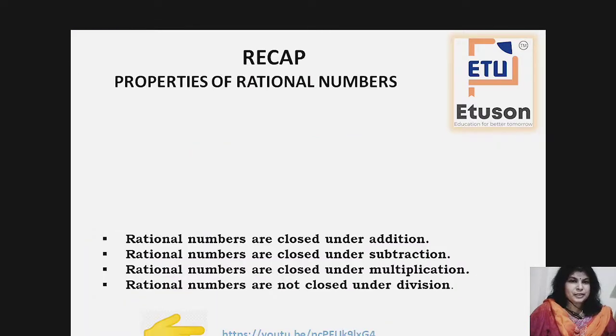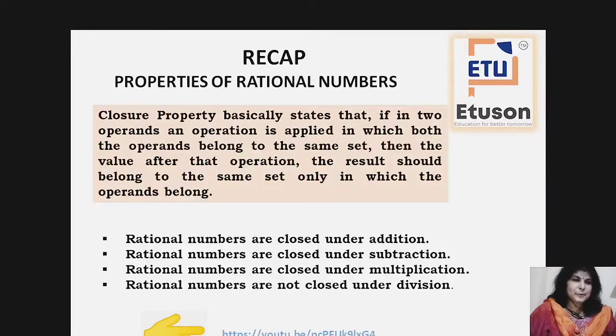Before going to today's topic, I will remind you what we have studied in the previous class, that is, properties of rational numbers. We have the closure property, the commutative property, and the associative property.